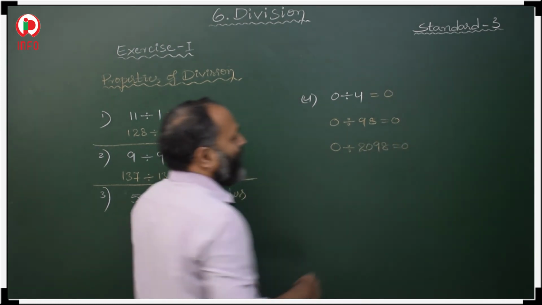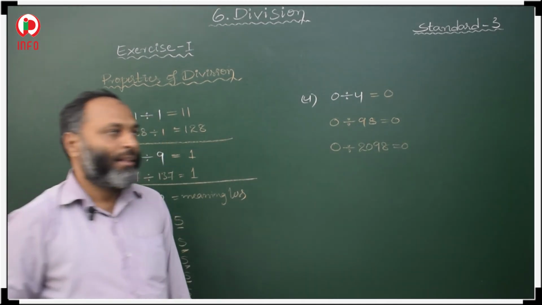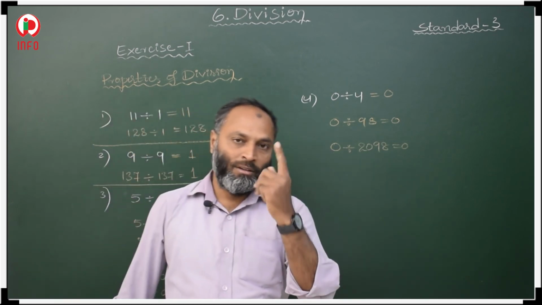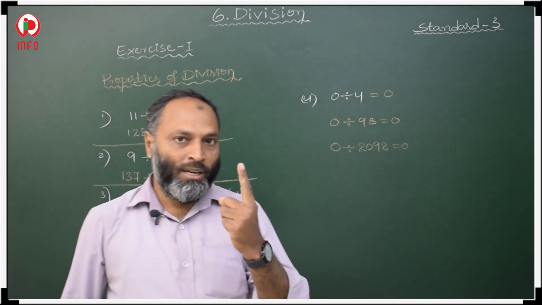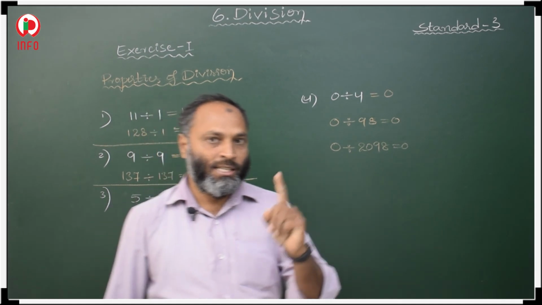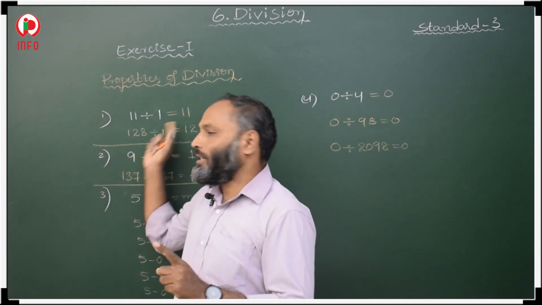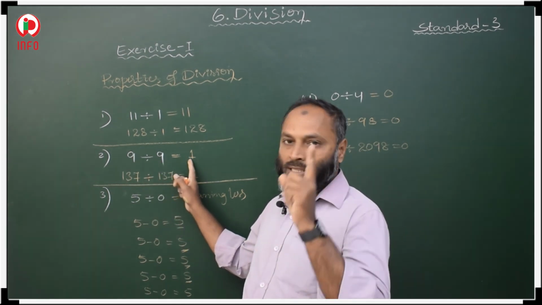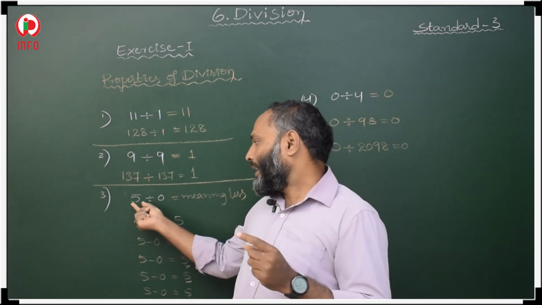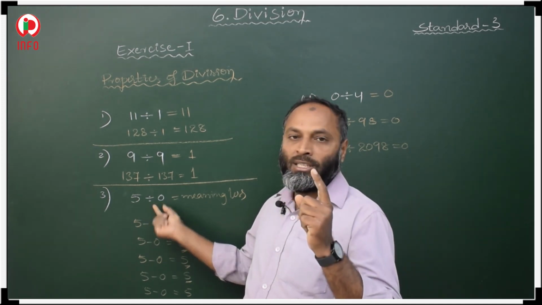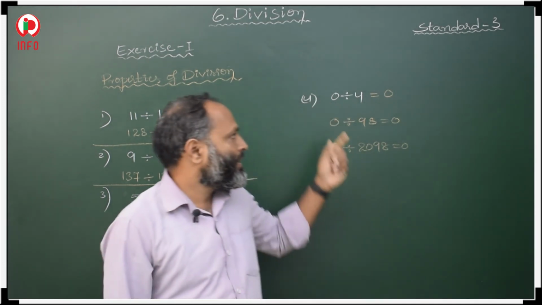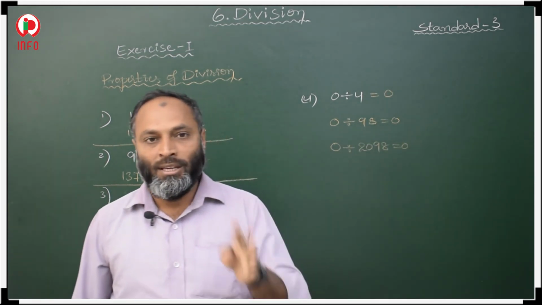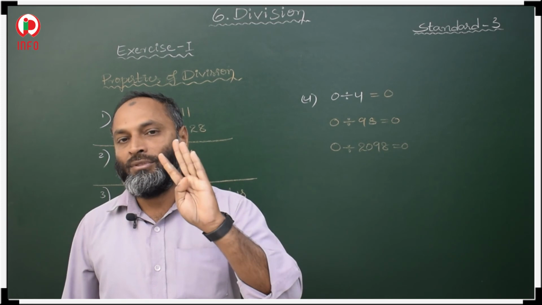It means if 0 is divided by any number, the answer is 0. These 4 properties you should remember. If any number is divided by 1, the answer is the number itself. If any number is divided by itself, the answer is 1. If any number is divided by 0, that is meaningless. If 0 is divided by any number, the answer is 0. These 4 things you have to remember.